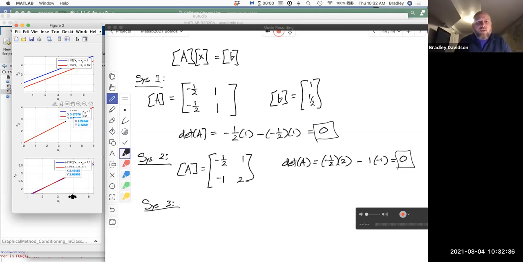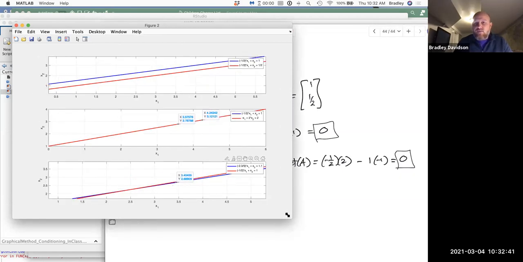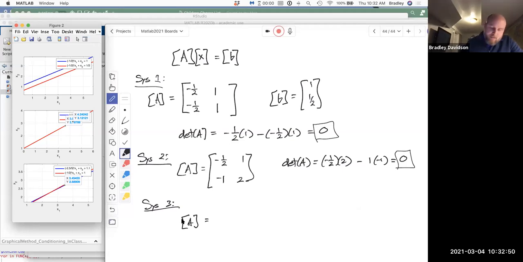Now let's take a look at system number 3. Remember, system number 3 is one where we had similar slopes and similar intercepts. Here our A matrix is equal to negative 2.3 divided by 5, negative 1/2 in the 2,1 position, and then a 1.1 and a 1.